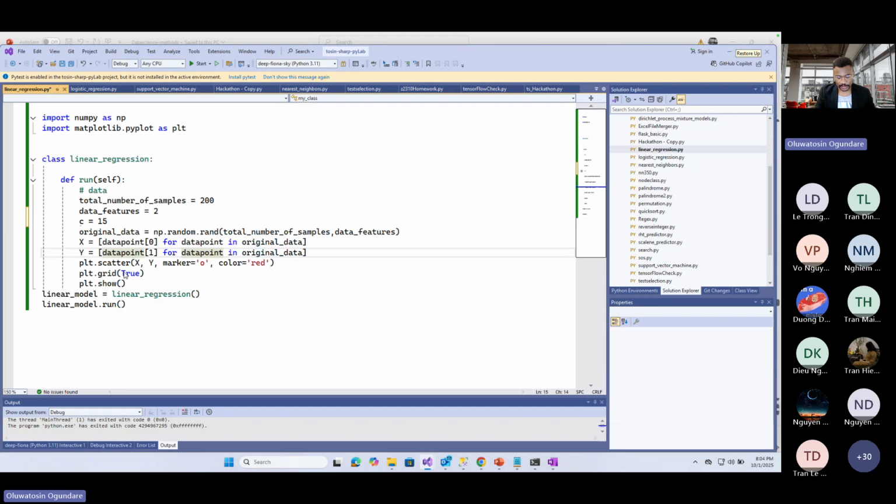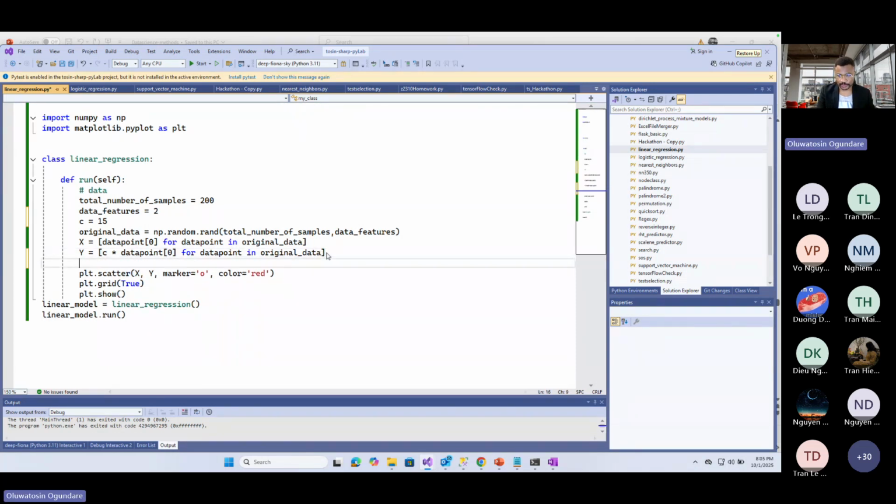So what we would do is multiply every x by 15, and for every other data point, we would also multiply the y value that we generate.